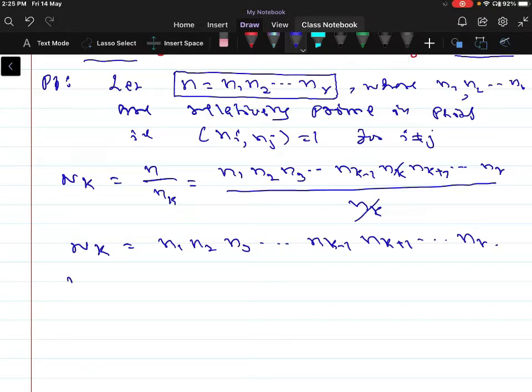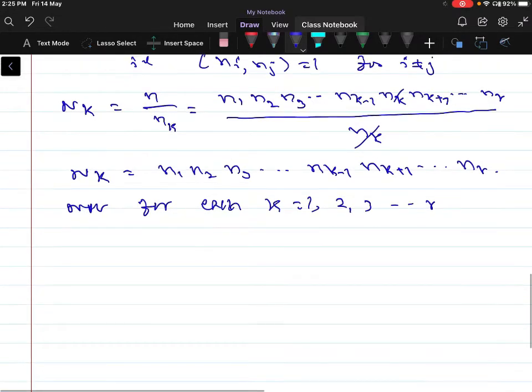So now let us define for each k is equal to 1, 2, 3 and so on. For k is equal to 1, let us define N1. N1 is n by n1, so therefore N1 can be written as n2 into n3 and so on nr.